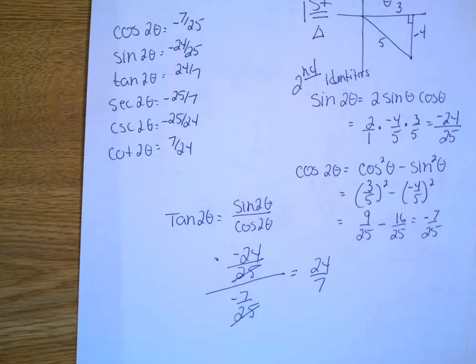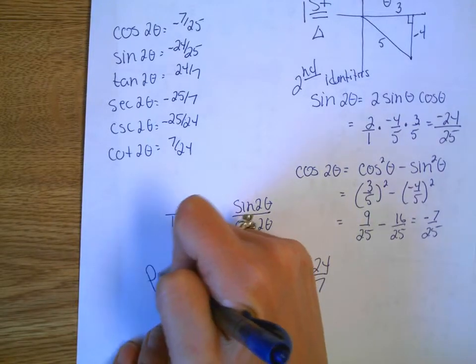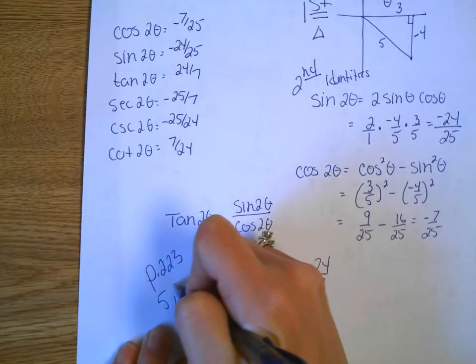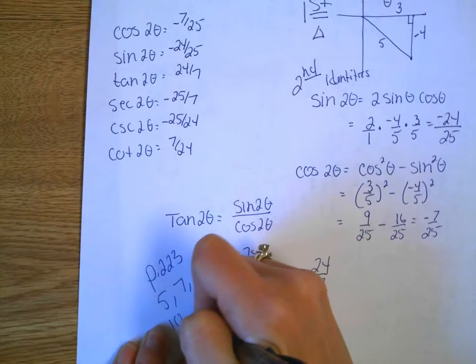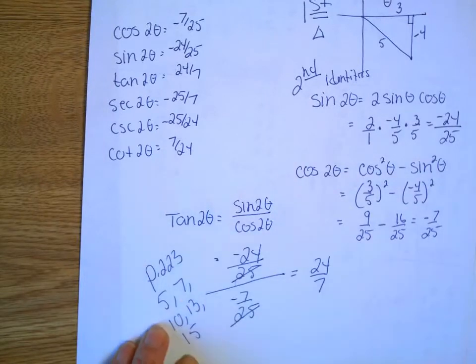We're in Trig, page 223: 5, 7, 10, 13, 15. I want to double check everything, or kind of give you a hint on which way to start them.